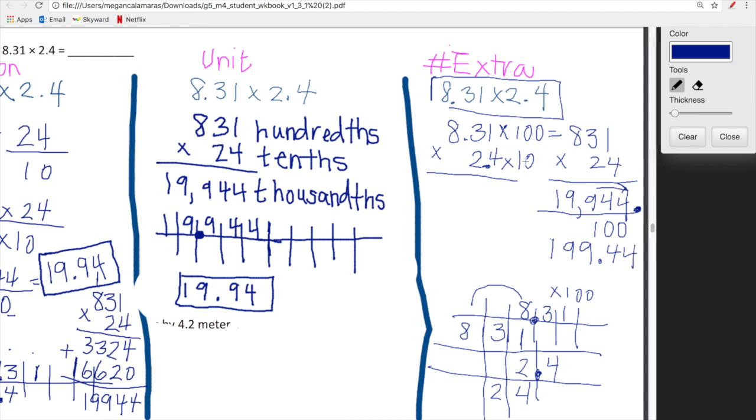We have to undo our multiplication by 10. So now let's divide 199.44 by 10.